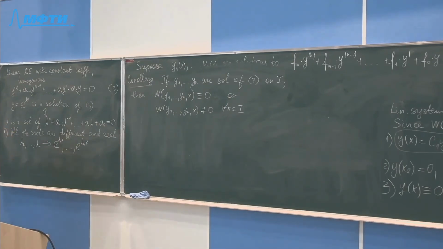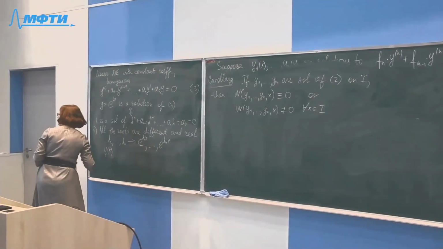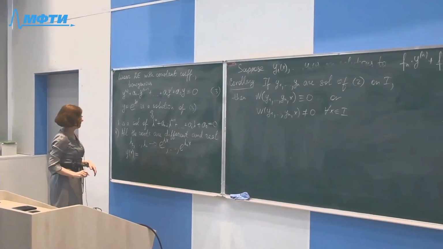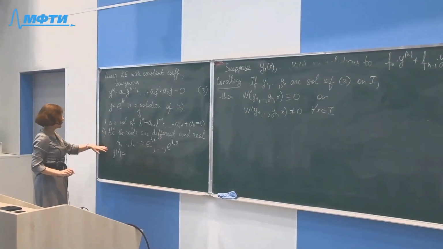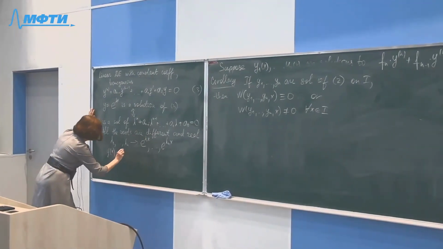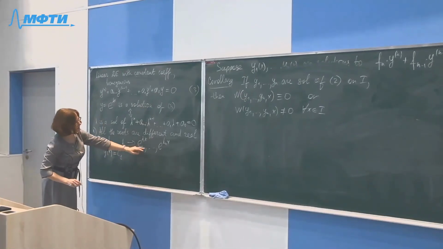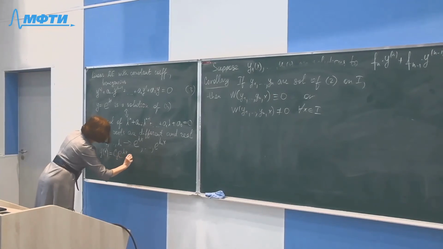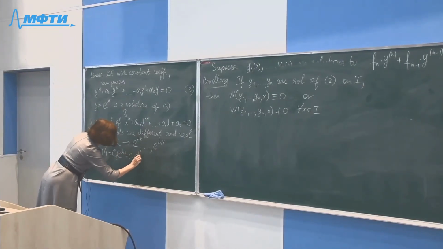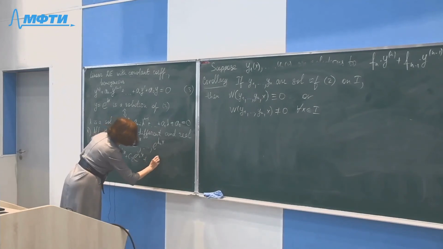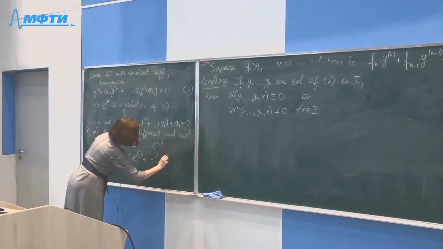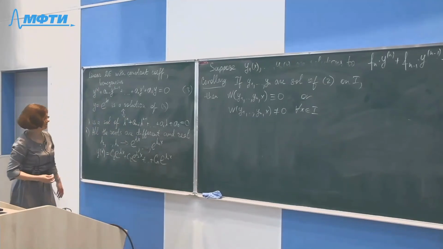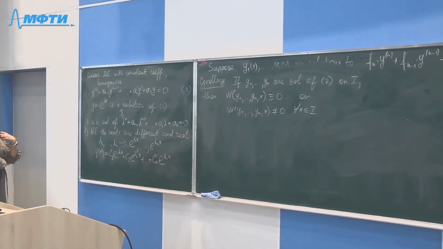It is not 0, and so these functions are linearly independent, and so we can form the n-parameter family of solutions if we take the linear combination of these functions: c1 e^(lambda1 x) + c2 e^(lambda2 x) + ... + cn e^(lambda n x). So this is a solution.